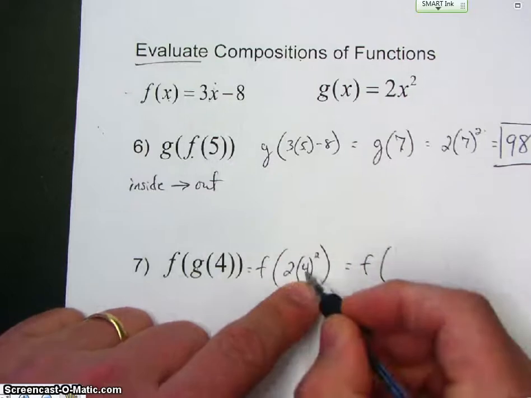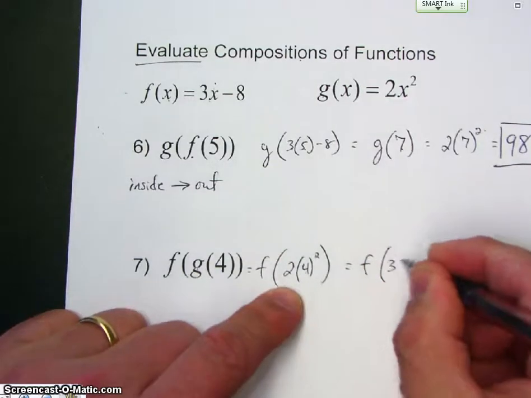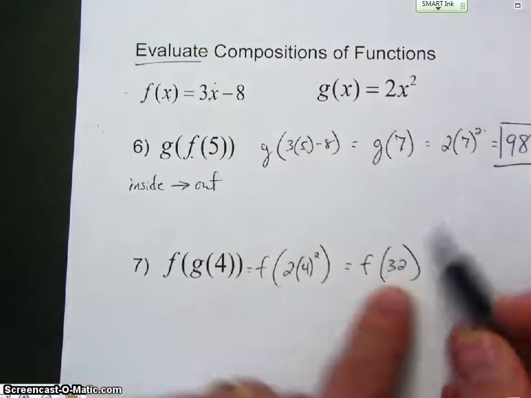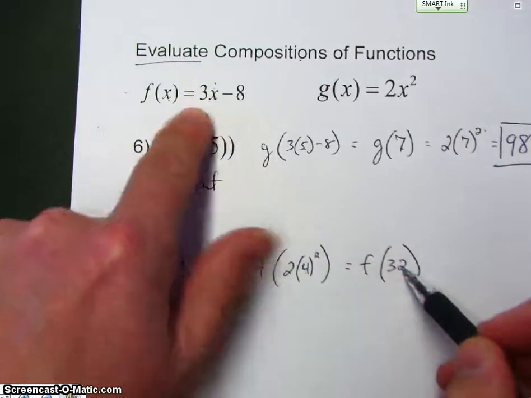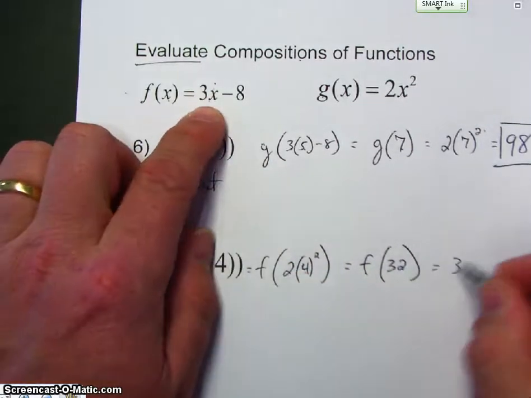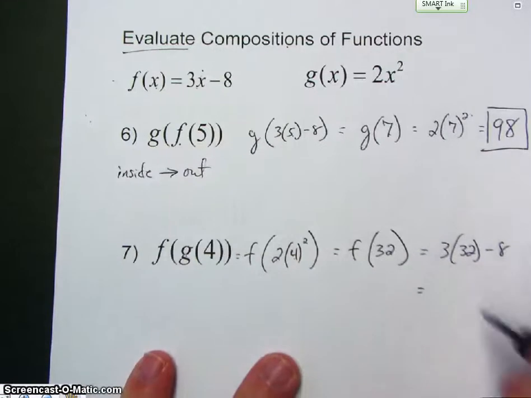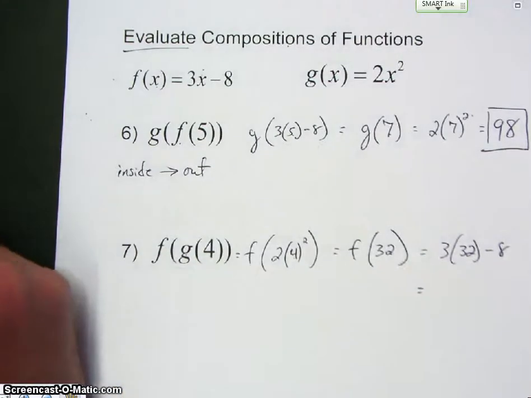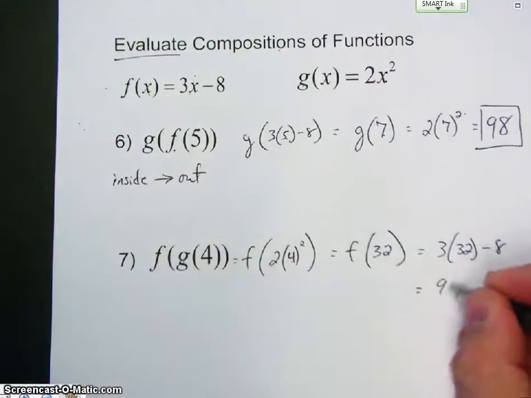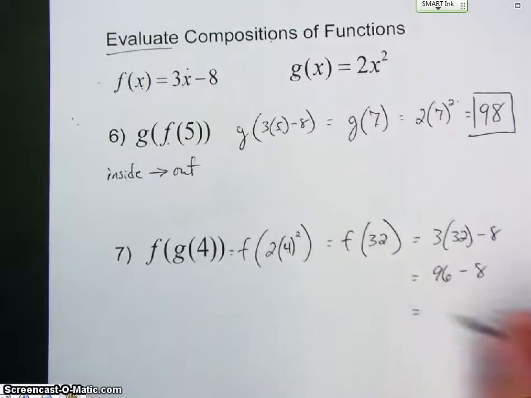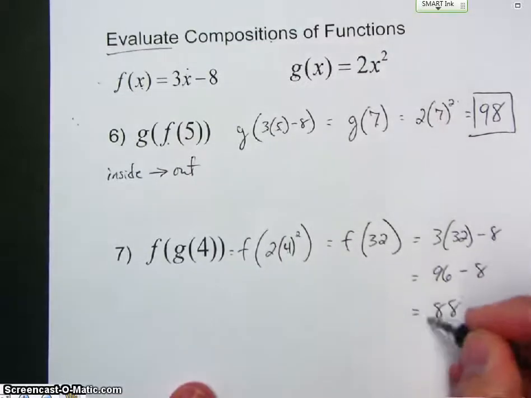So 4 squared is 16. 16 times 2 is 32. Now we're going to take 32 and plug it into f. So that becomes 3 times 32 minus 8. So 32 times 3 is 96 minus 8. So that is 88.